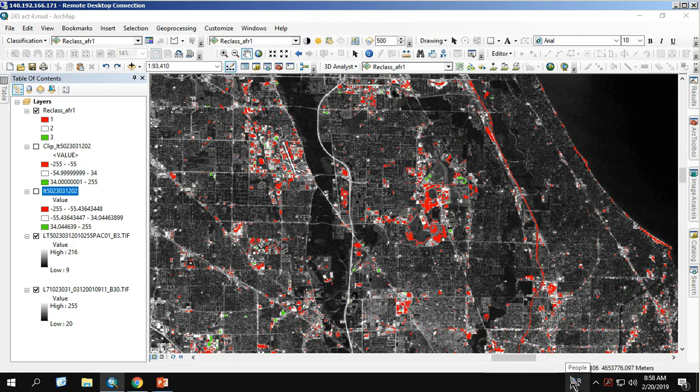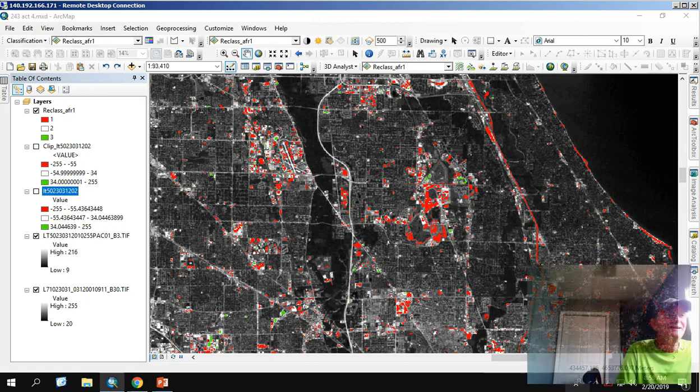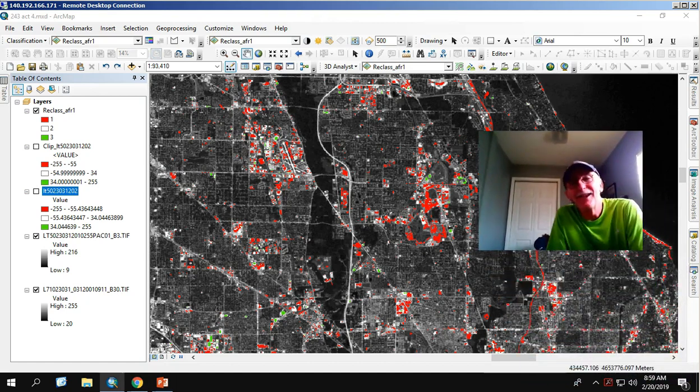Change analysis is a very powerful technique, and we're going to be starting our activity 4s, and this is what we're doing in our activity 4. Okay, so change analysis. All right, cool.